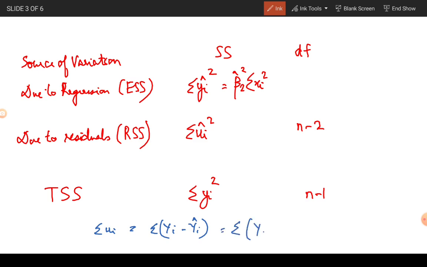Which means it is yi minus beta 1 hat minus beta 2 hat xi. So to find summation ui or summation ui square, you have to estimate two values, that is beta 1 hat and beta 2 hat. And because you are computing these two estimates, you have lost 2 degrees of freedom, and you are left with n minus 2 degrees of freedom.